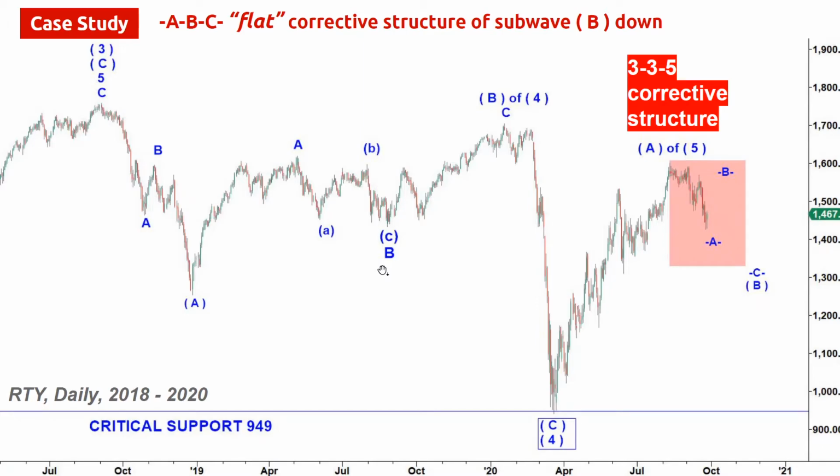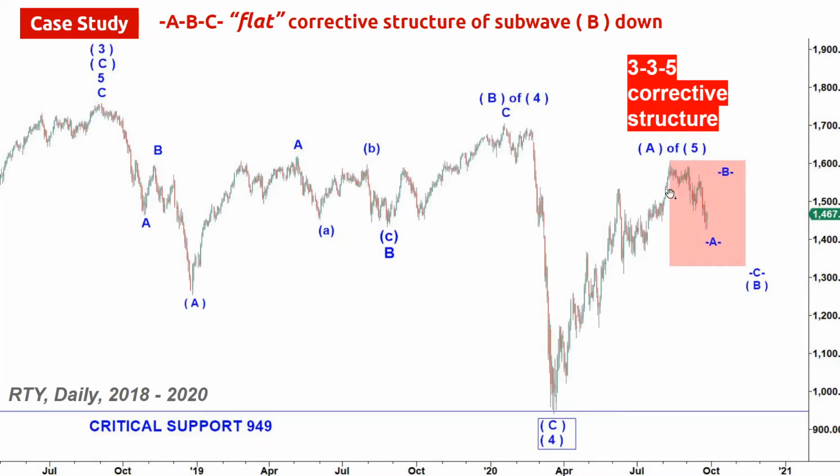Now I can show you the very same fractal on another case, and it's a Russell daily chart. We can see that after that ABC was down and it was wave 4, after wave 4 we expect another impulsive move in the direction of the trend in subwave A or wave 5 up.